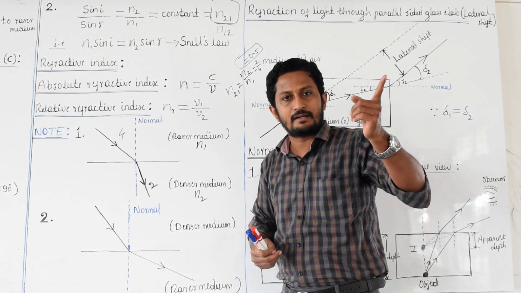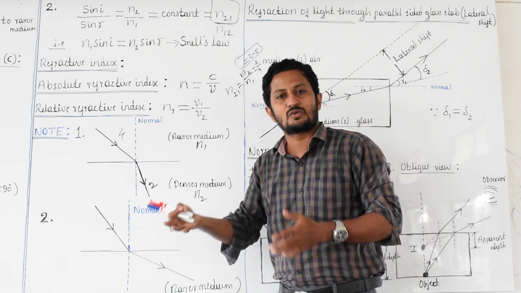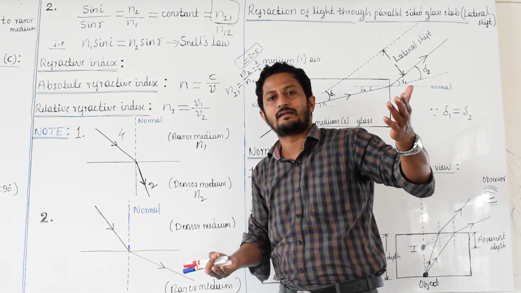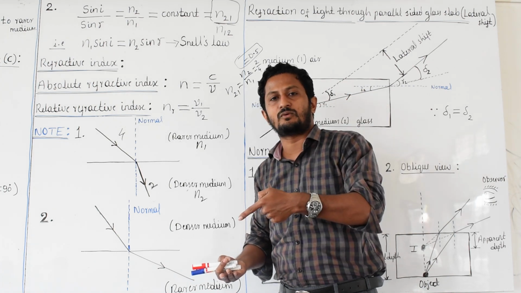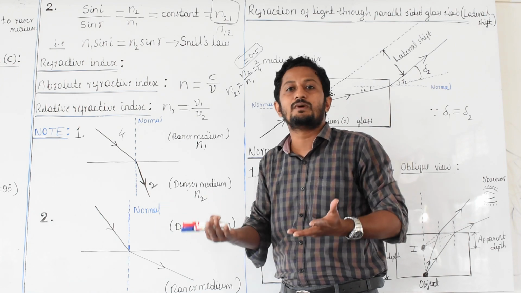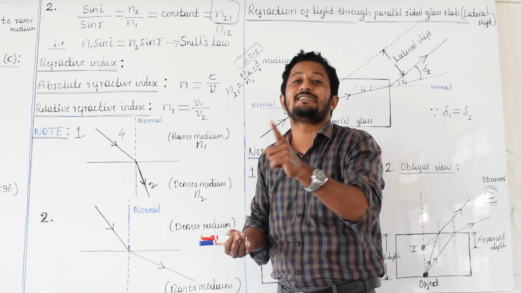When you compare that water with air, in water molecules are more, so water is a denser medium compared to air. That's why when light from air entered into that water, its speed is going to decrease. How much with respect to air? That is the number 1.33.